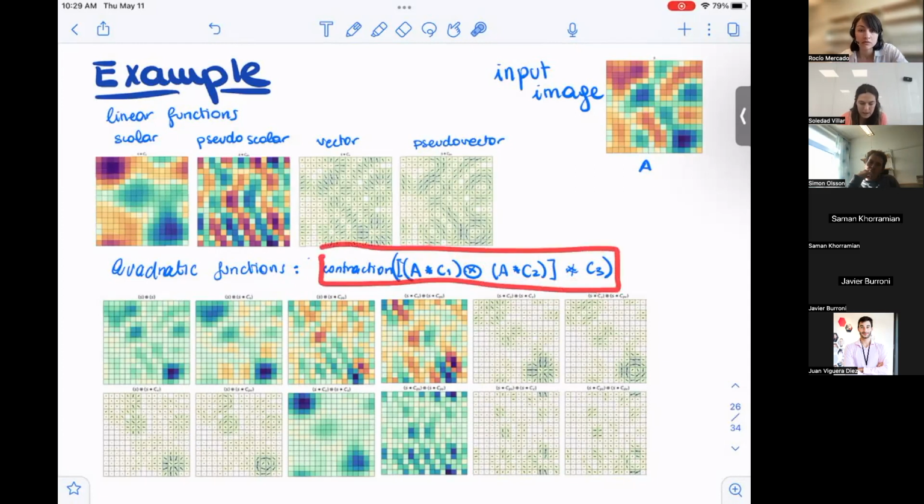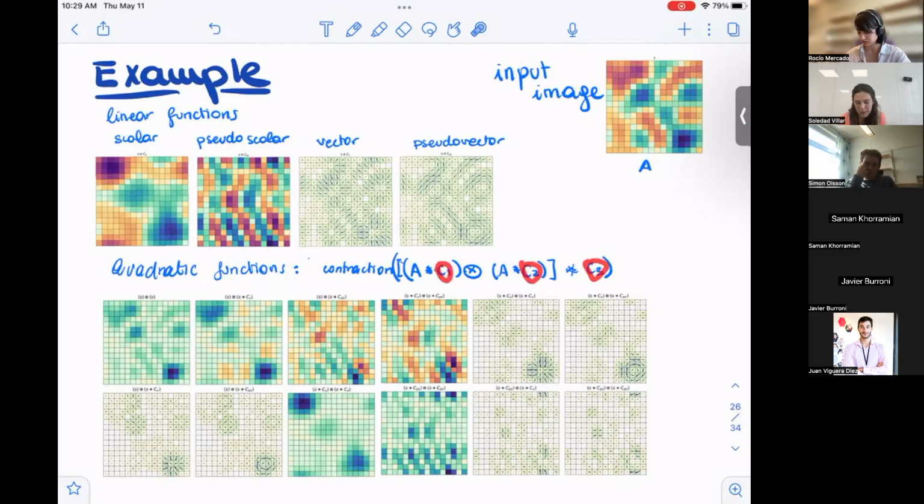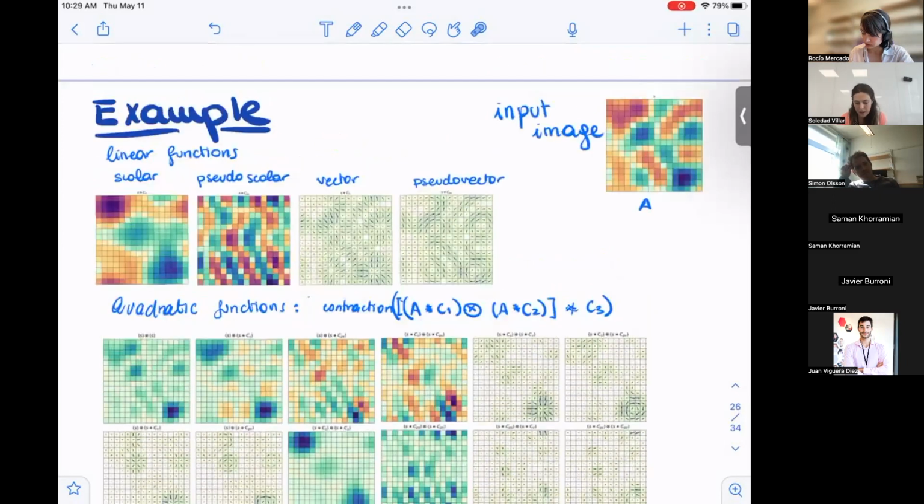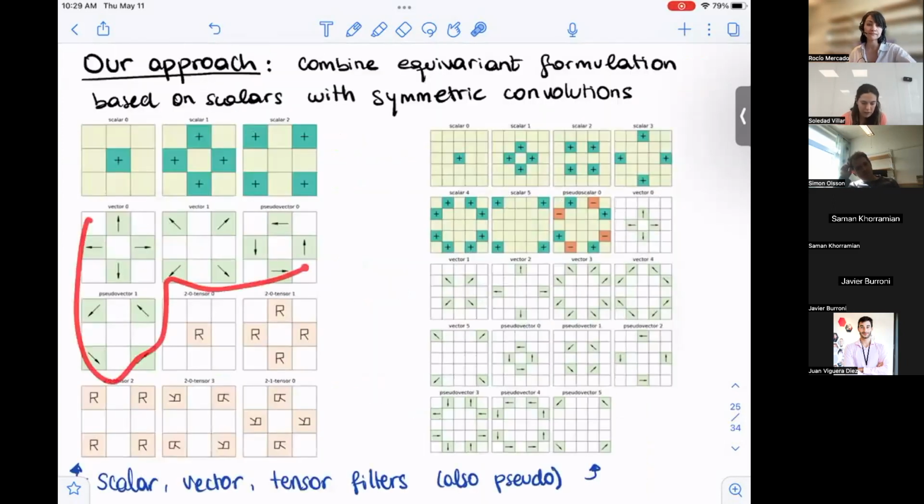Say that this is your architecture. Then you can learn C1, C2, and C3, like in a classical CNN, you learn these filters. But these filters are going to be a linear combination of your bases. So you learn the coefficients of each of these filters in your machine learning model.